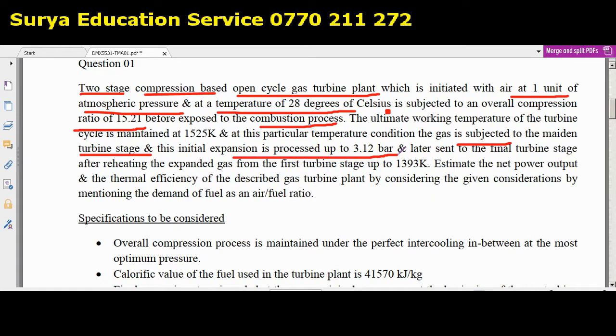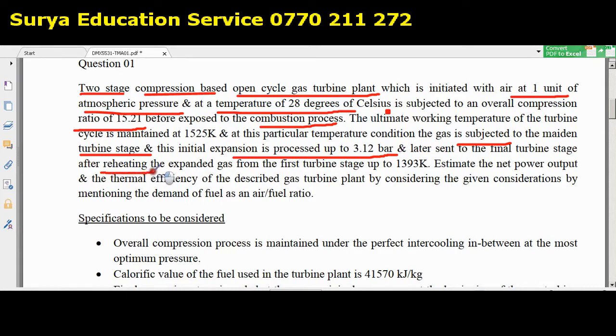Then after that the gas has lost its energy content. Then again we have to reheat it before going to the second turbine stage, because I told you in this problem there are two turbine processes. So after the end of the first turbine process, you need to charge the next turbine. Here it is mentioned that it is later sent to the final turbine stage after reheating.